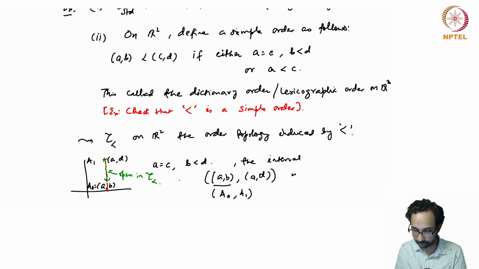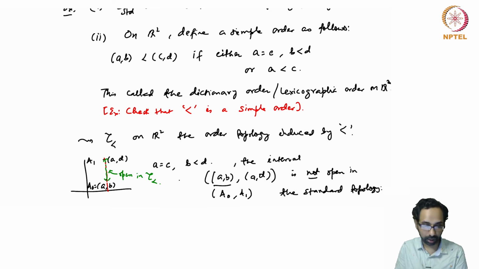So this interval is not open in the standard topology. Why? Well, if you take any point on this interval and you take a rectangle or a Euclidean ball, then some points of it will lie outside this vertical line. So there is no basis set that is contained inside this vertical line in the standard topology.